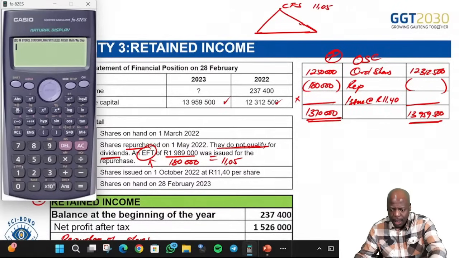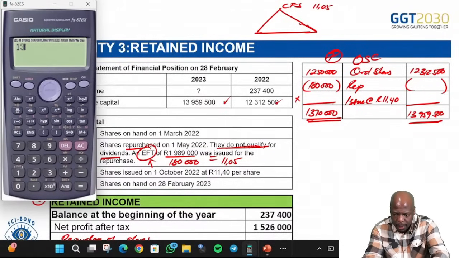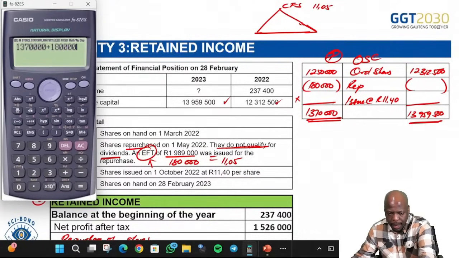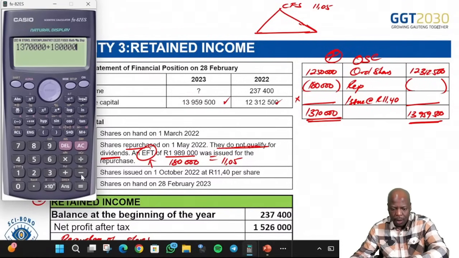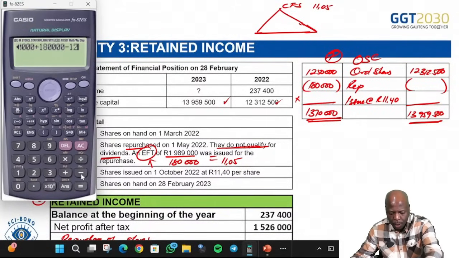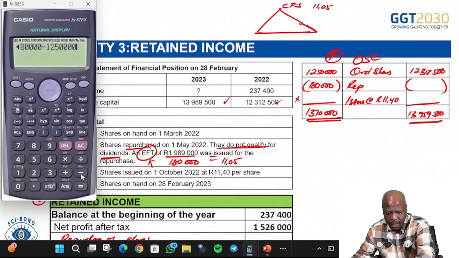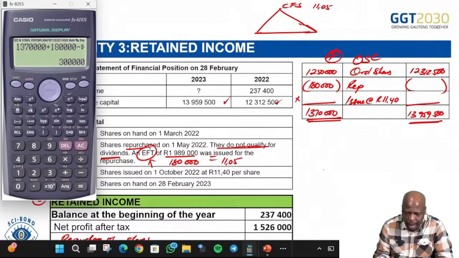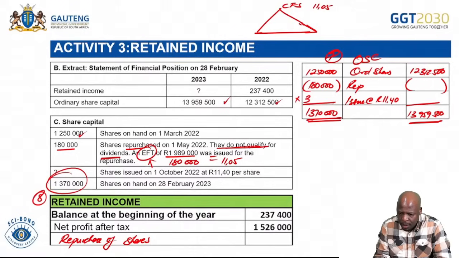You simply say your 1,370,000, then you say plus. So the one that is a minus, you add that. 180,000 plus 180,000, then you come and say minus 1,250,000, and then it will give you 300,000.